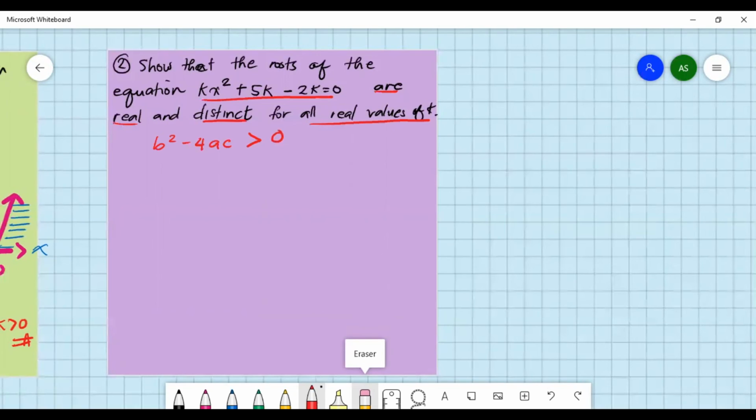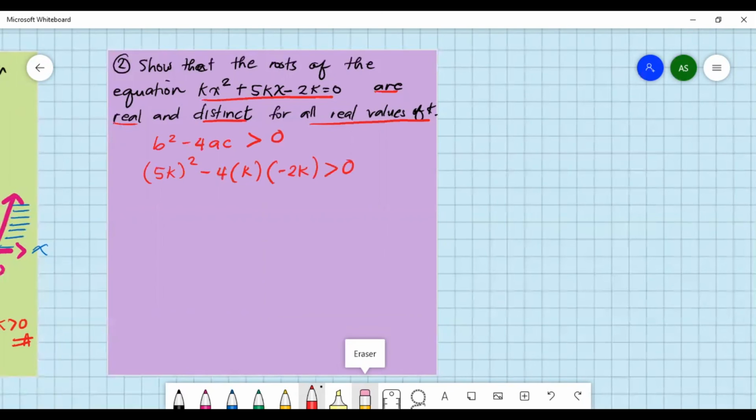So now take a look. What is our b? Oh sorry, there should be a 5kx here. So our b is 5k, squared, minus 4 times k times negative 2k, must be greater than 0.